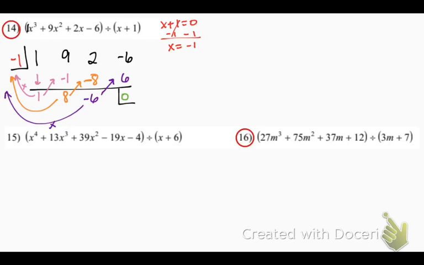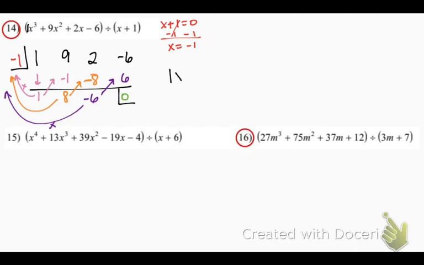So since 0 is that final number, that means this question has no remainder. Now, if it was, let's say, 2, that means there's a remainder of 2. However, this one is 0. So the way I write this without a remainder is I see that my highest exponent is 3. One less than that is 2. So each of these numbers that I got will become my new coefficients.